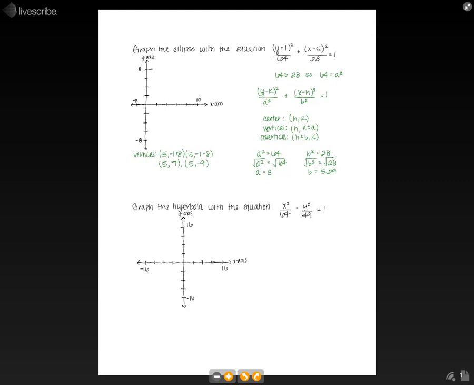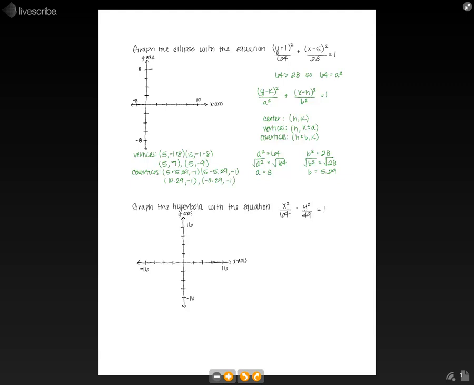Our co-vertices, according to our equation, are going to be 5 plus 5.29 comma negative 1 and 5 minus 5.29 comma negative 1. If we simplify that, we get 10.29 comma negative 1 and negative 0.29 comma negative 1.